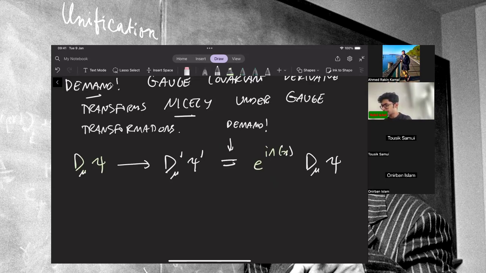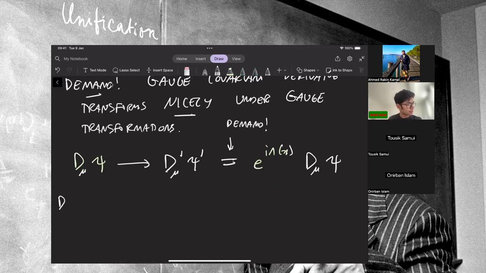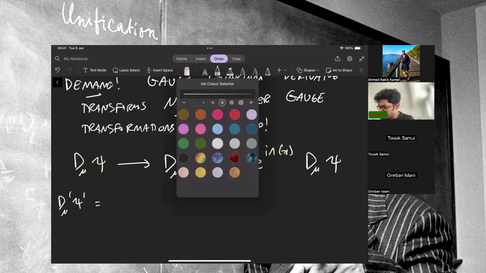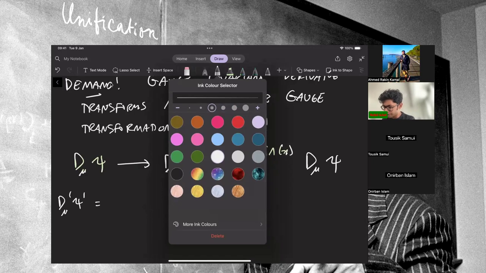Okay. So now I'm going to expand all these sides out. What is D_mu prime psi prime? I'm going to make my pen a little bit thinner, I'm running out of space here.